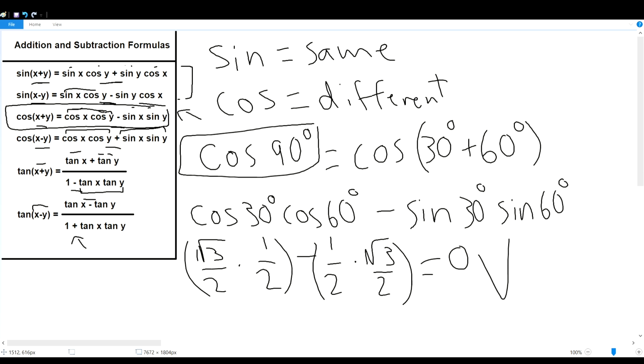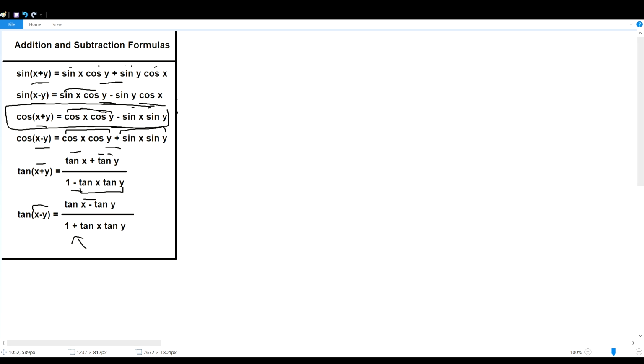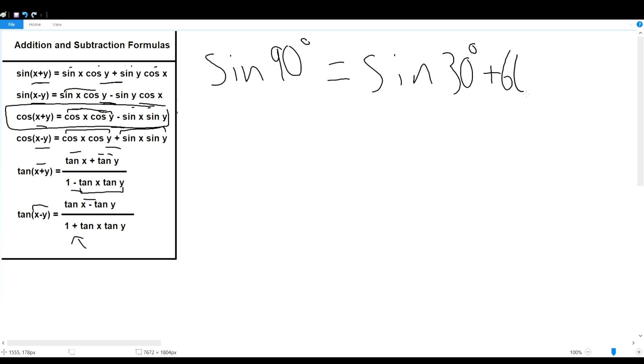So let's get this out of our way. And then we could do another example of the addition and subtraction formulas, but this time with sine of 90 degrees. So sine 90 degrees is broken down the same way. So we have sine 30 plus 60. And then we'll write it out.